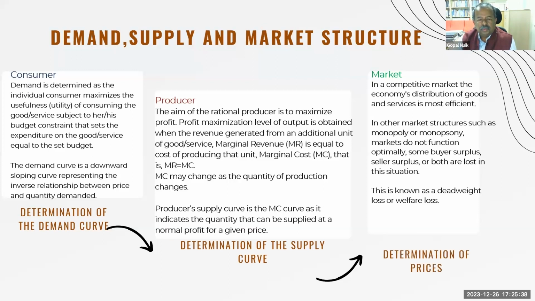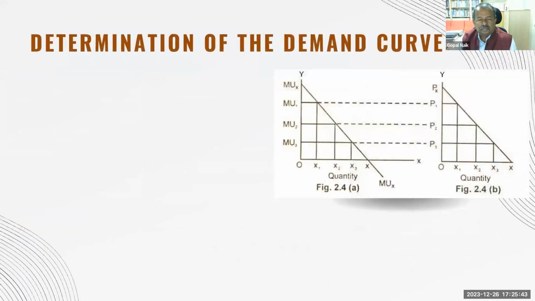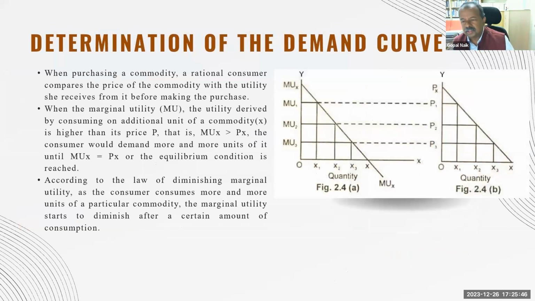So just to give you a little bit more idea about the demand, some of you must be already familiar with these because these are very simple economics concepts. But some of you may not have this, and therefore I'm just repeating it here. Essentially, when you are purchasing any product, you are looking at the utilities, and the extent to which you will purchase will always depend on the marginal utilities compared to the prices.